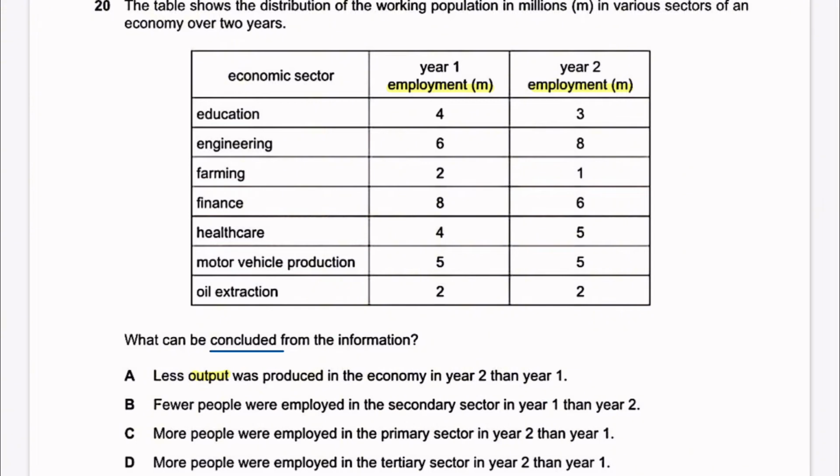Others. Fewer people were employed in secondary sector, primary sector, tertiary sector. So the keyword is this. The first step is to identify which industry belongs to which economic sector: primary, secondary, and tertiary.